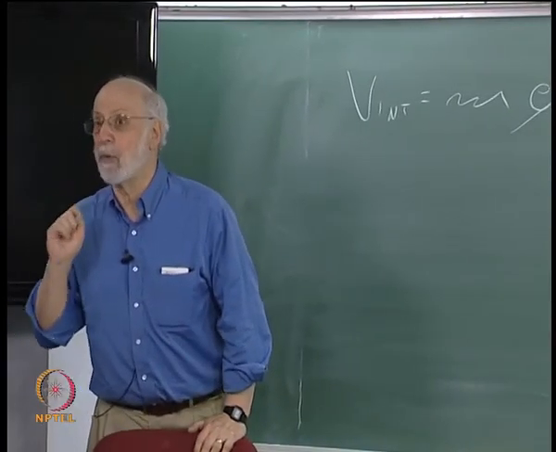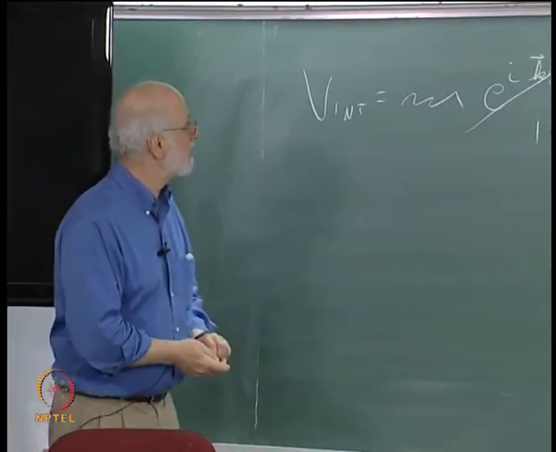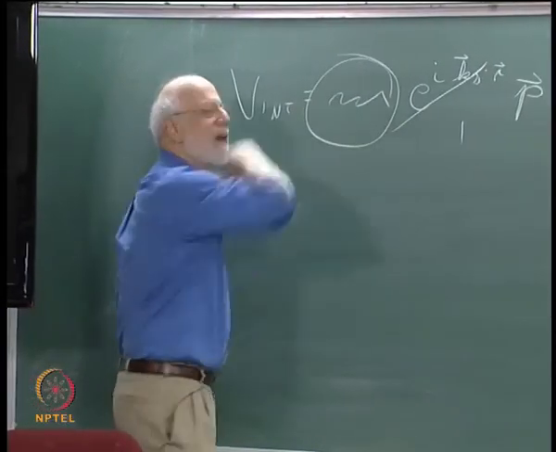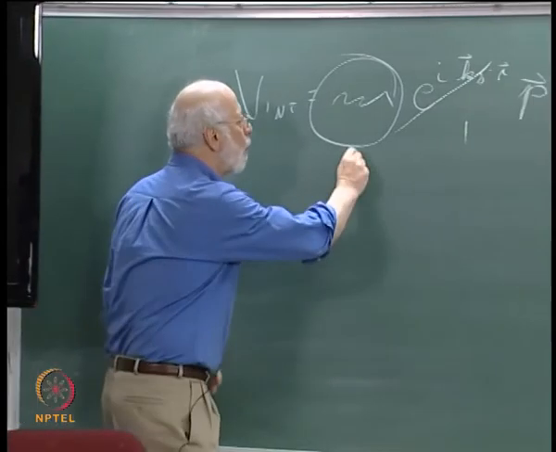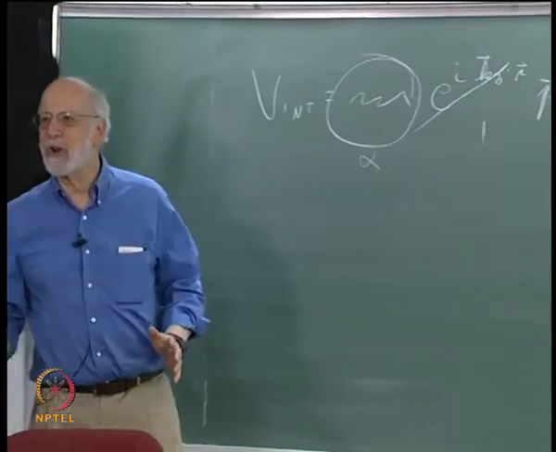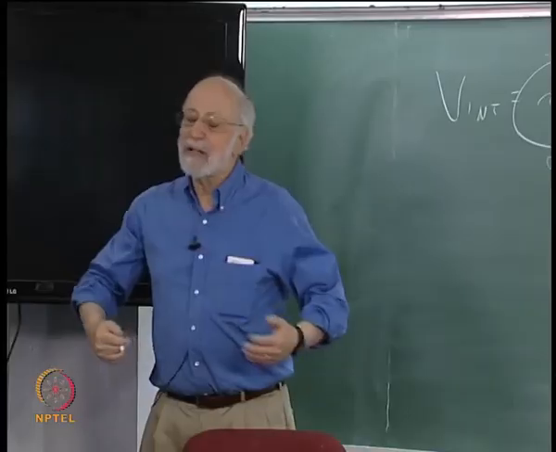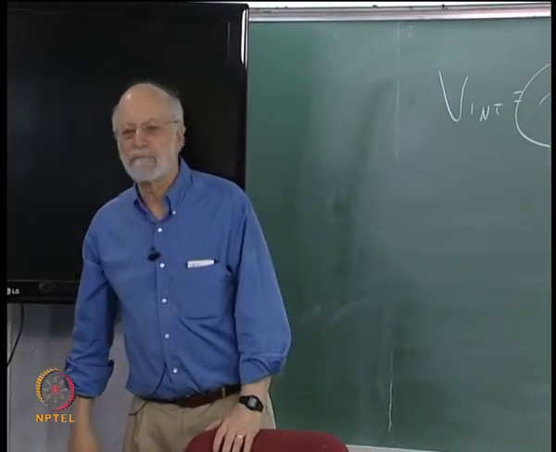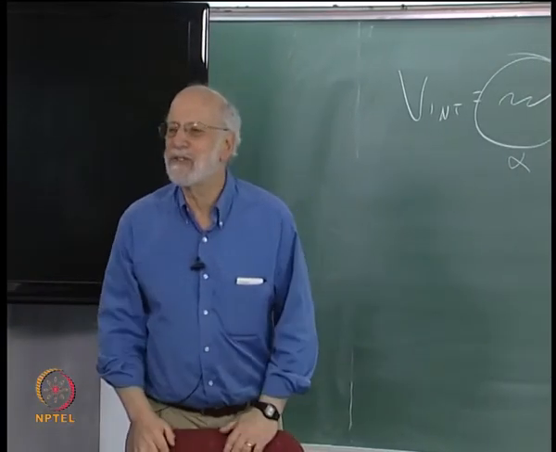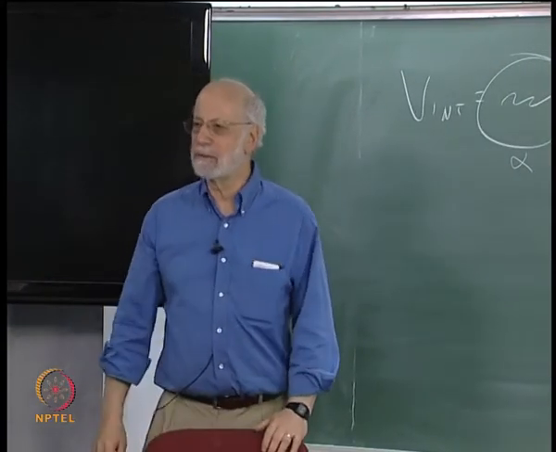That is very important. Secondly, this is small. As a matter of fact, it's of the order of alpha, the fine structure constant. Now, the fine structure constant is what? It's roughly 1 over 137. Or, taken roughly, it's 1%, 0.01.